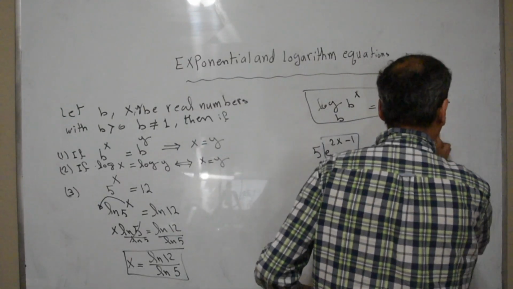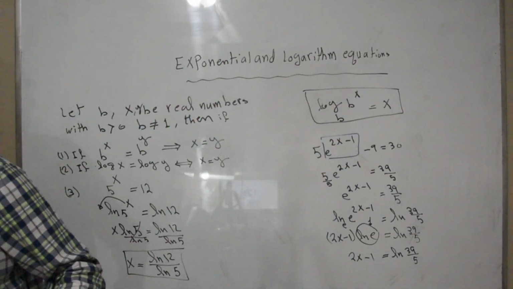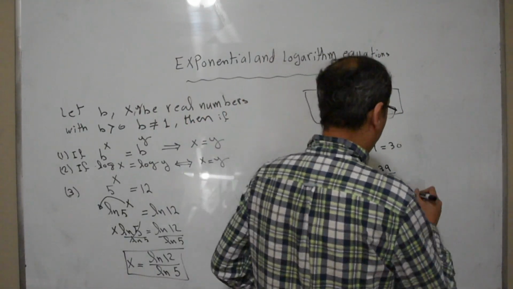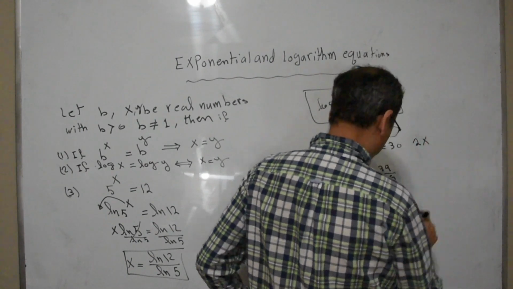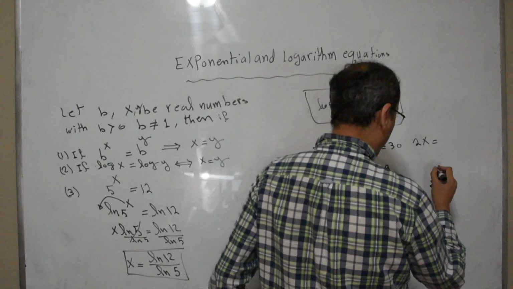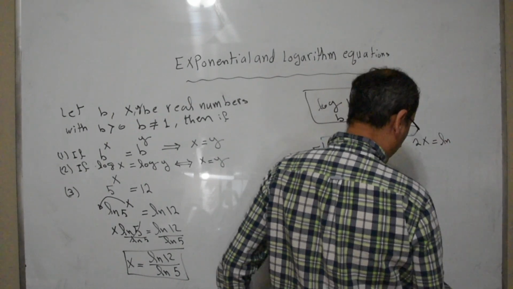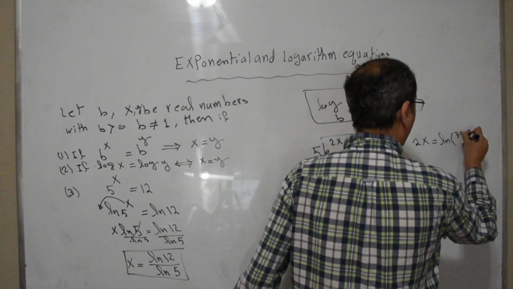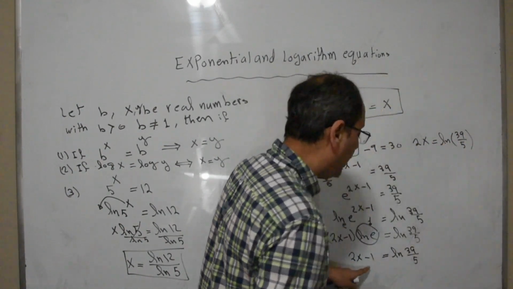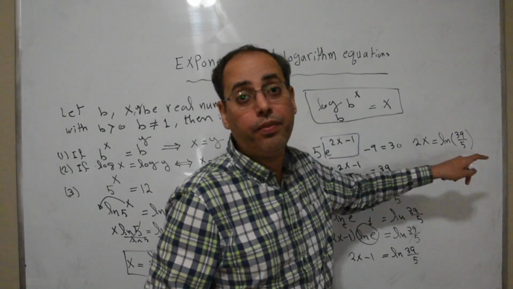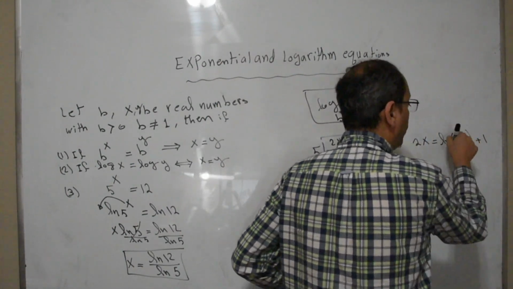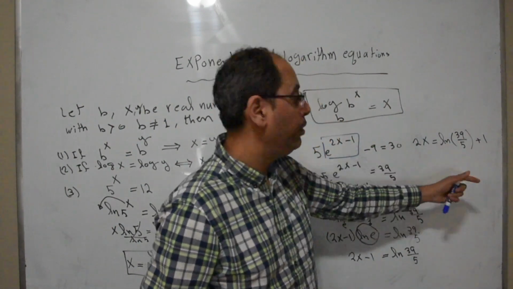Alright. Now, this is a linear equation. We consider the natural log of 39 over 5 just a number, so it's not a problem. I add 1 to both sides, so I have 2x equals, and watch this, the natural log of 39 over 5, plus 1. You see why I put it in parentheses? Because I can't add 1 to the argument. The argument is different, so I can't add the 1 to the 39 over 5.